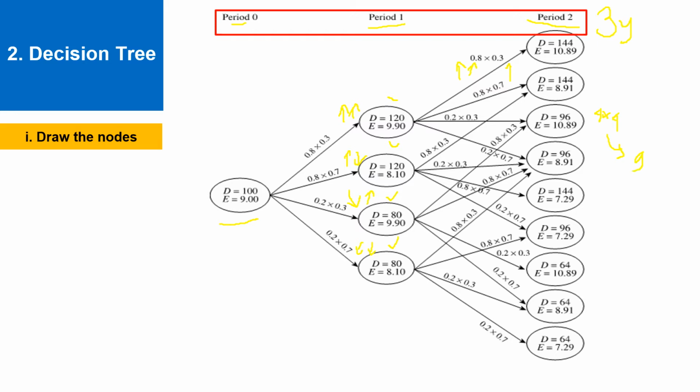So for each node in period 1 here, there are also 4 possibilities, as you can see here. So each one has 4 conditions, and thus in period 2 we get this number of nodes.